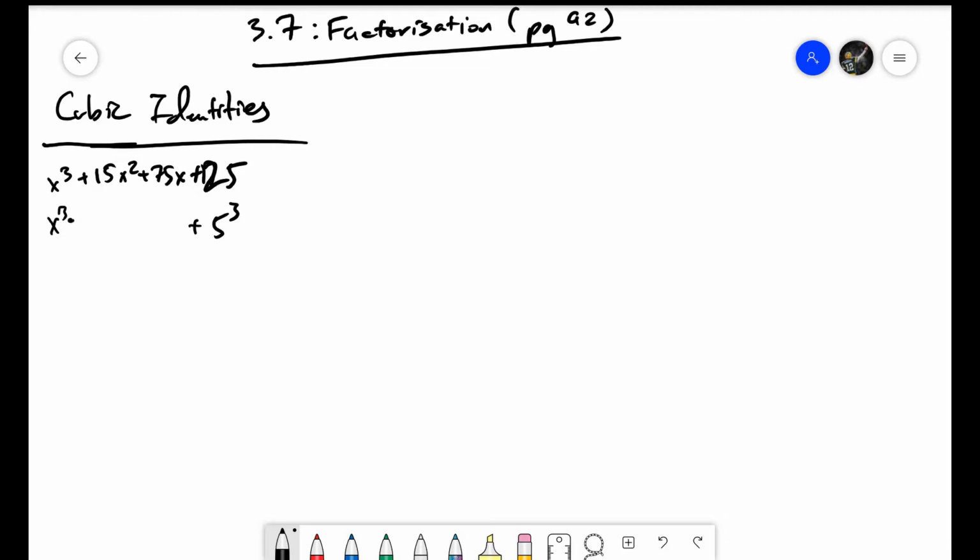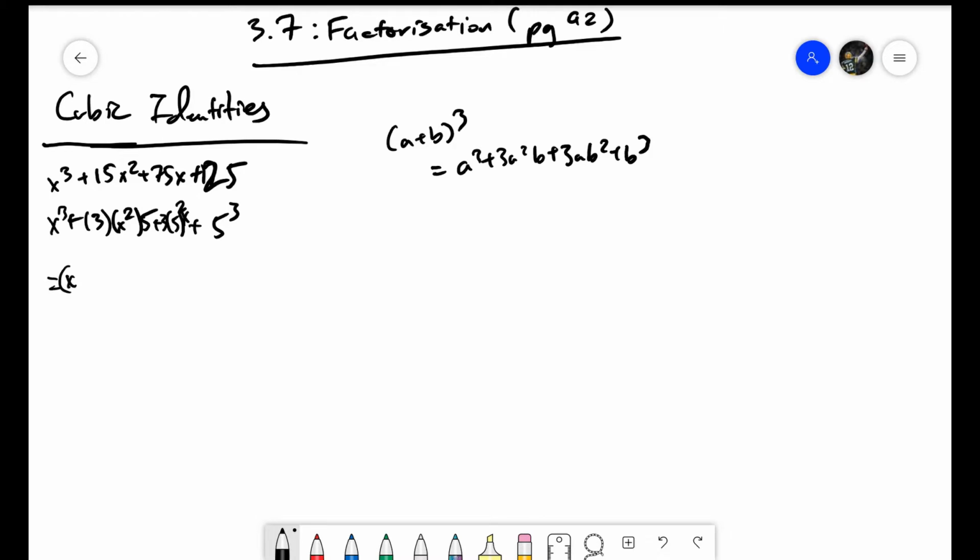Then you can notice that 15x squared is equal to 3 times x squared times 5, and 75x is equal to 3 times 5 squared times x. And this is an example of the (a plus b) cubed identity, which is equal to a cubed plus 3a squared b plus 3ab squared plus b cubed. Therefore, this is equal to (x plus 5) cubed.